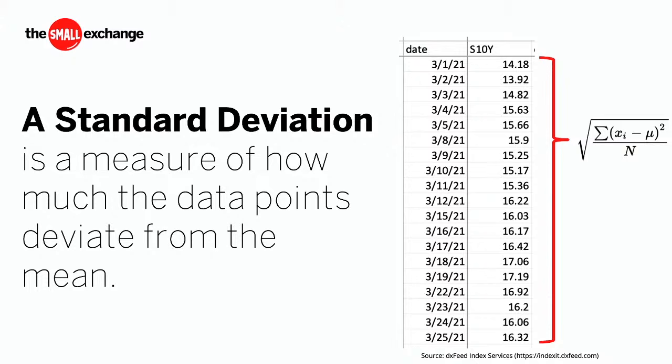But yeah, this is a measure that pretty much tells you, okay, I gave you the mean of the data at $20 in S10Y. Now, how much does all of the data tend to deviate from that mean value?